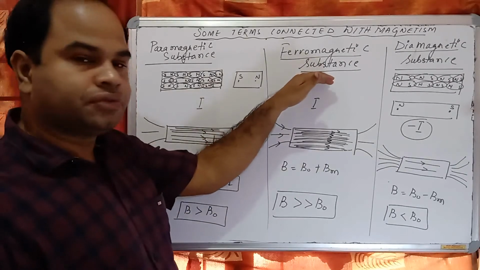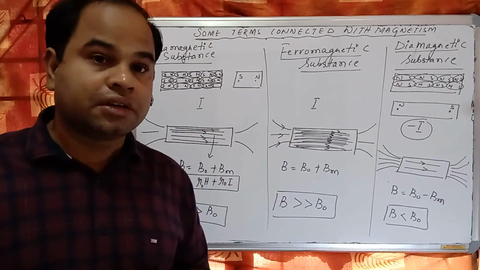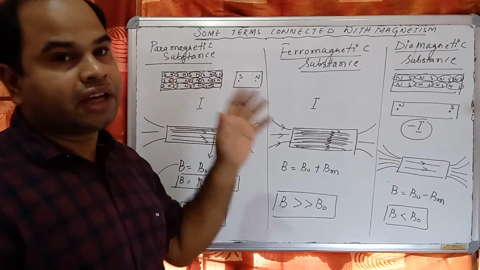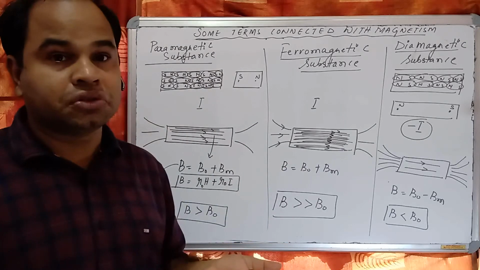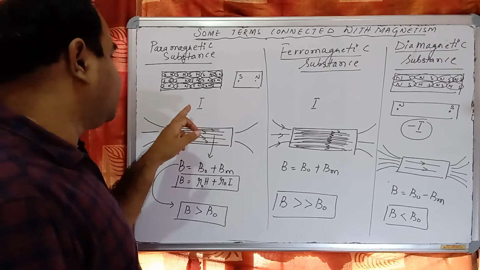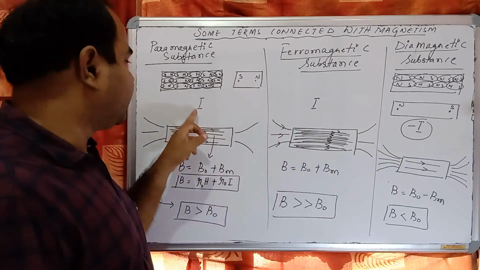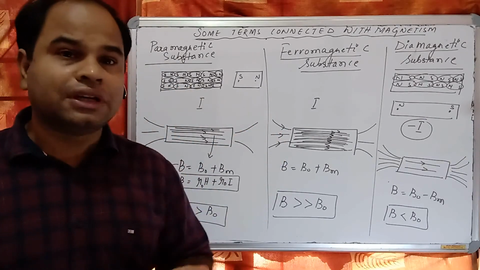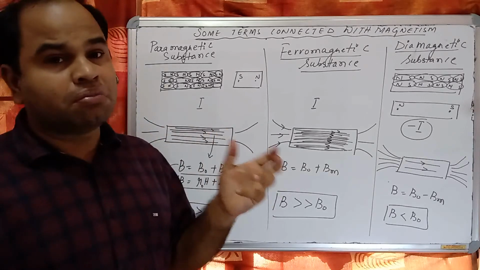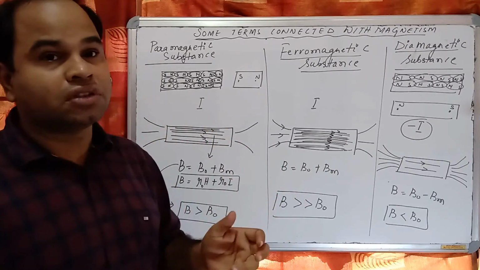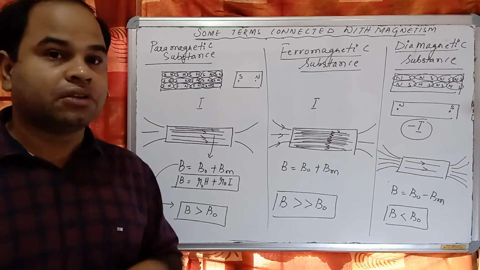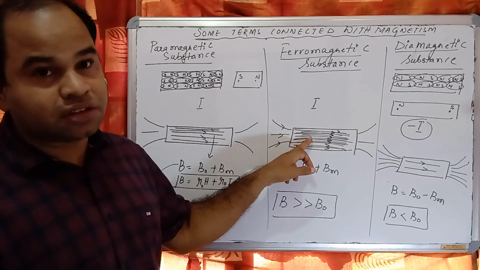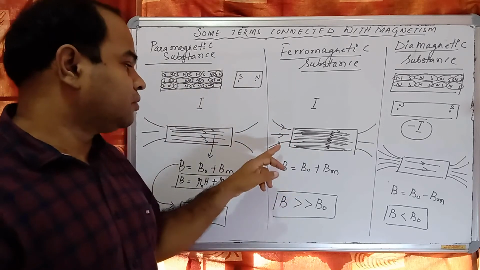In a ferromagnetic substance, they are strongly attracted by the magnet, so the dipoles align themselves along the direction of the external magnetic field. So I is positive, but since a large number of dipoles are aligned along the direction of the external field, the magnetic field strength inside the ferromagnetic substance is much more as compared to outside.